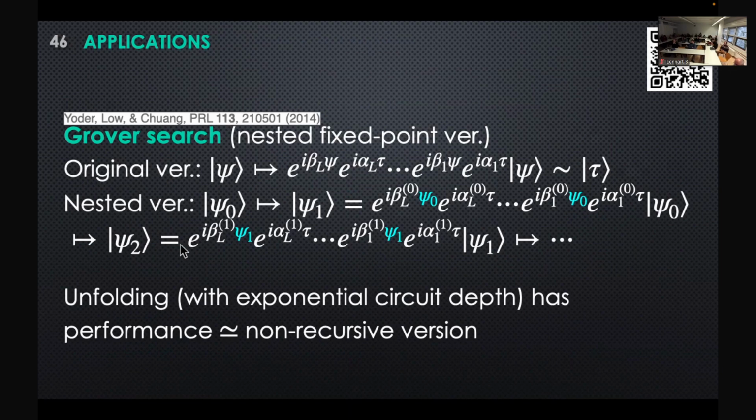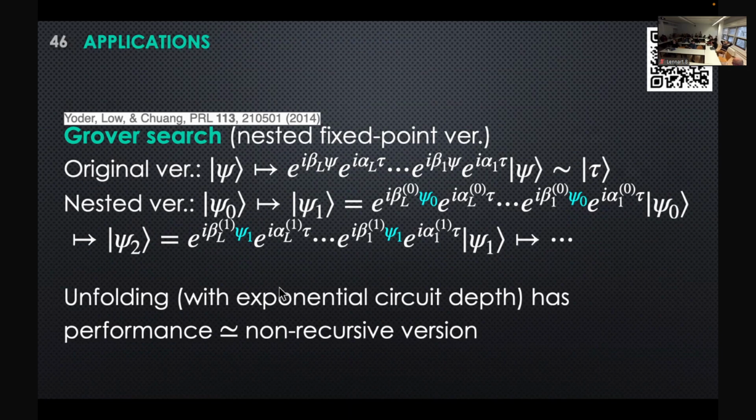And these recursive and non-recursive versions have more or less the same performance, in the sense that if you implement this recursive version with the unfolding with the exponential circuit depths, that performs the same as the non-recursive version with exponentially large L. So with the same circuit depths, they prepare more or less the same state. And that's what performance means. Yes, yes.